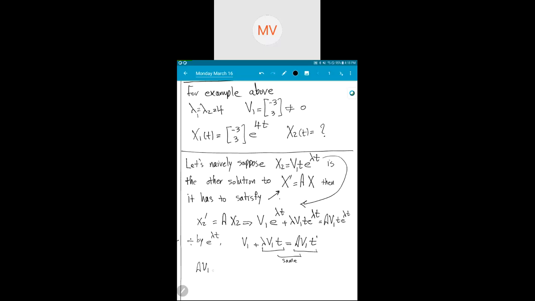That means A v1 equals lambda v1. And the other one tells us v1 has to be 0. But that can't be true. In fact, this gives us a contradiction.